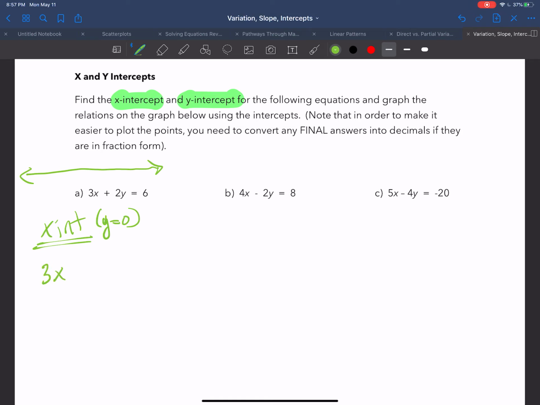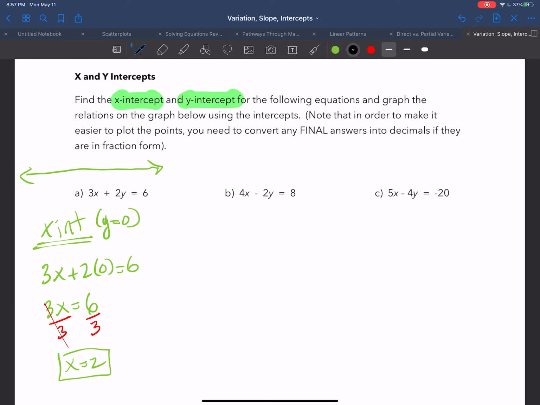So in my equation, I'm going to change y to 0. So 2 times 0 is 0. I have 3x equals 6. And I want to get x by itself. So I do the opposite operation, which is to divide by 3. So x is 2. That's my x-intercept.